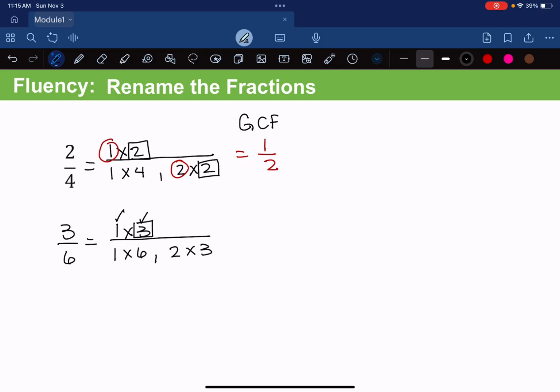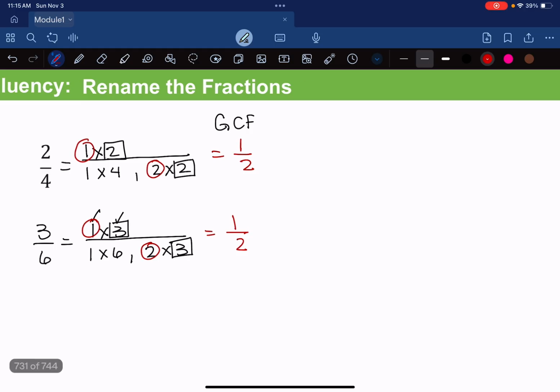So I box in my 3's for my numerator and denominator. And I circle my partners, and my partners are my answer. They're calling this rename the fractions. This is also referred to as simplifying the fractions. You do need to make sure that you are in the simplest form at the end every time.